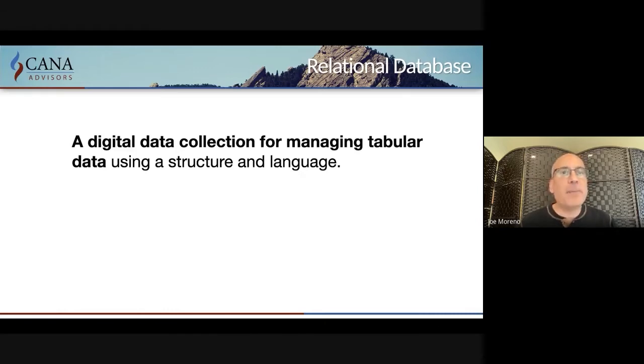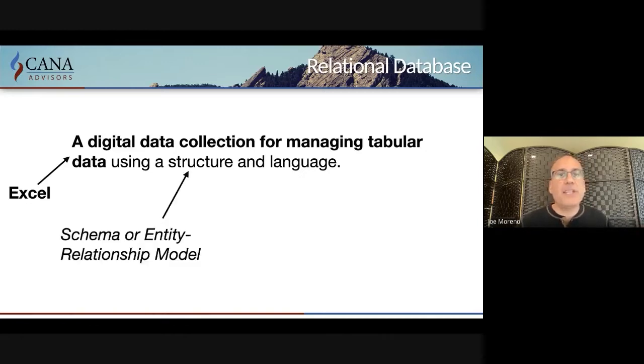That part that's in bold is what Excel does very well, right? It manages tabular data. What Excel doesn't do is it doesn't have structure and it doesn't have language. And by structure, we're talking about a database schema, sometimes known as an entity relationship model. And then we have a language that we communicate with databases.